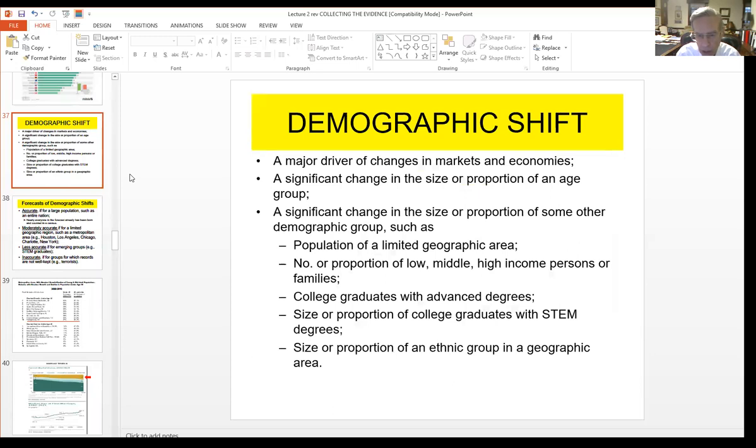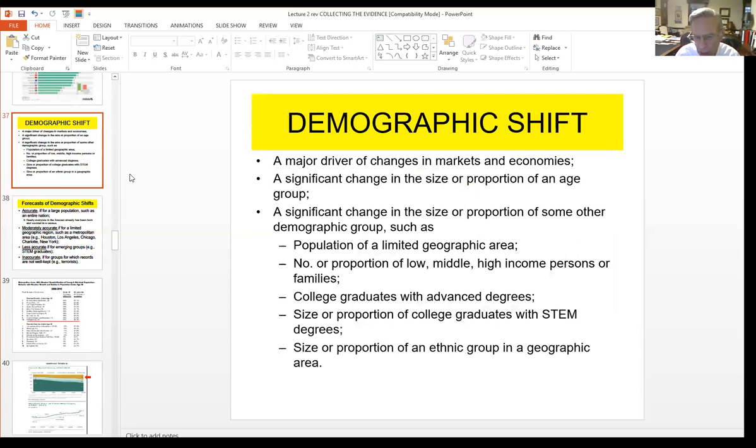But as we can see down below on this slide, there are lots of other reasons why population groups shift in their sizes or their locations. It could be that people migrate, by way of example.